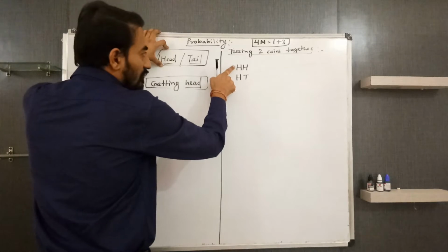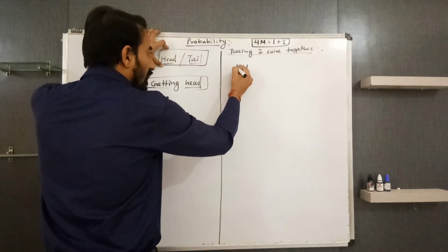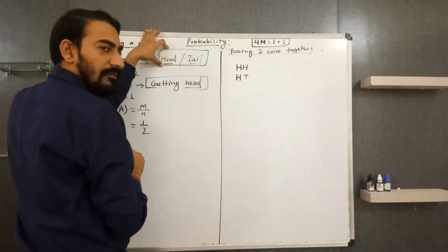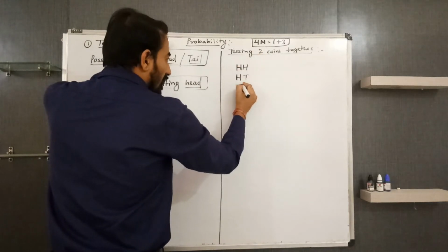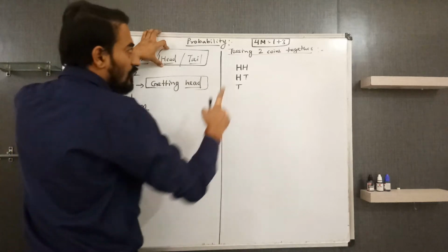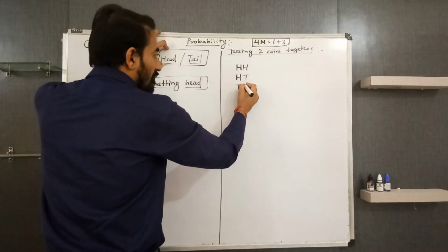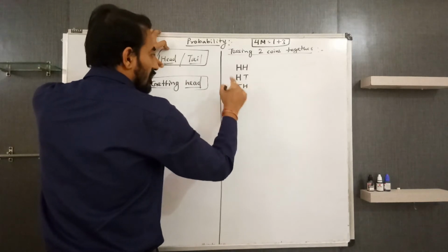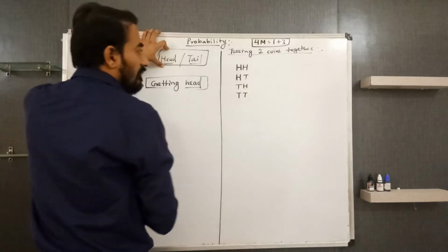So these are two outcomes by taking head for the first coin. Now the first coin may give us tail also. If the first coin gives tail, then the second may give us head, and if the first gives tail, then the second may give us tail also.